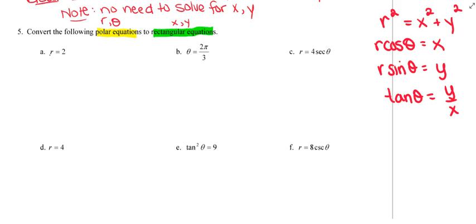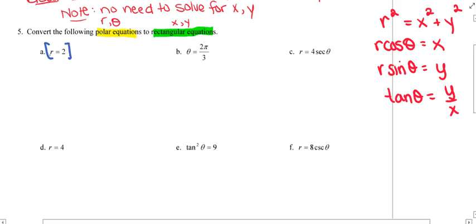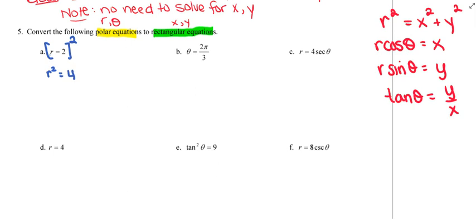So I'm going to manipulate this equation a little bit by squaring both sides and making this an r squared equals a 4. And now my r squared can be replaced with an x squared plus a y squared. And at this point I'm done because my r has been eliminated. My equation has only x squareds, x's and y's in it, and I'm done.